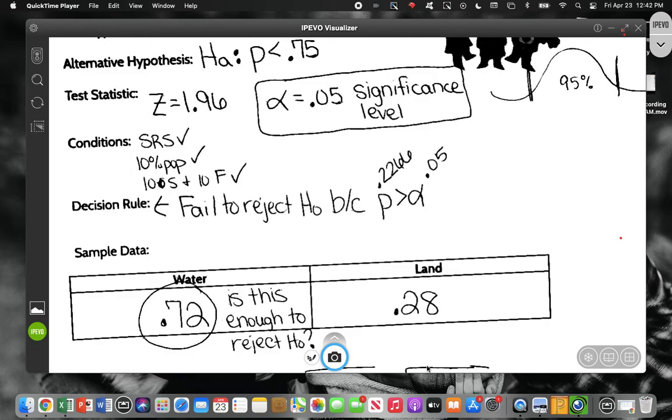Fail to reject means we can't say accept, but we can probably go with it. We can probably assume that whatever it was is true. Fail to reject means assume it's true.